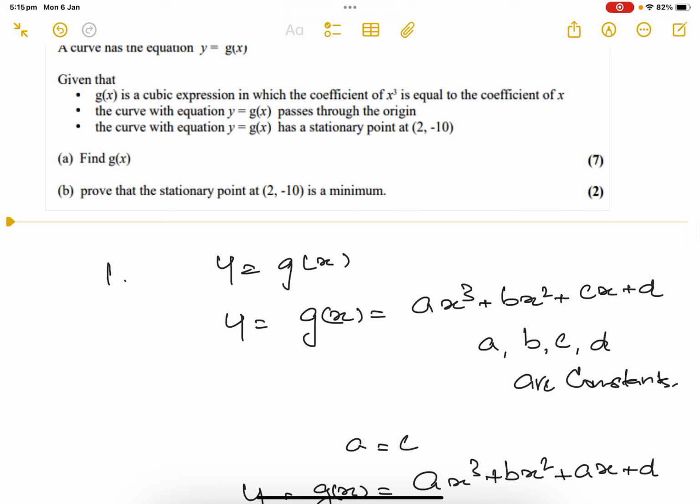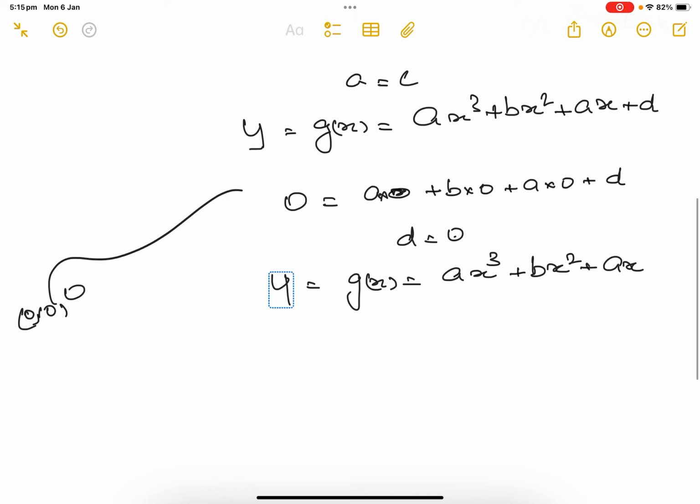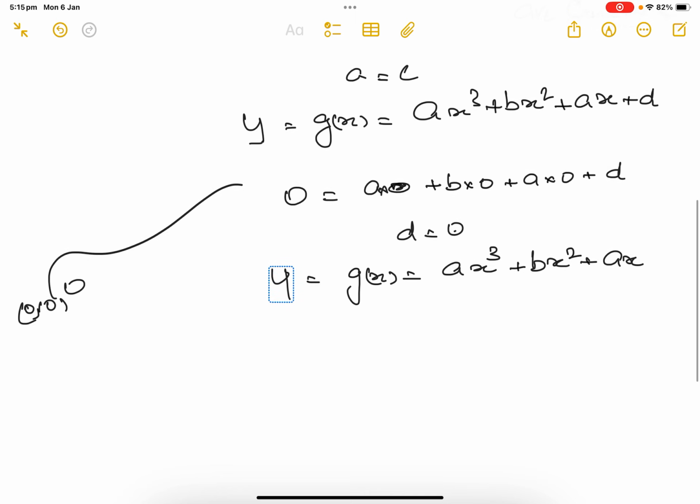Right, second line done. Third one: the curve with equation y equals g(x) has a stationary point at (2, -10). Stationary points mean turning points. At a stationary point, the gradient of the tangent line is 0. The gradient of the curve is dy over dx.